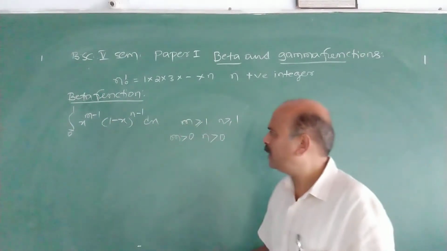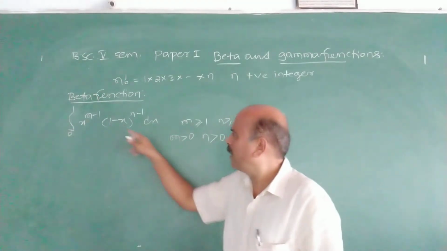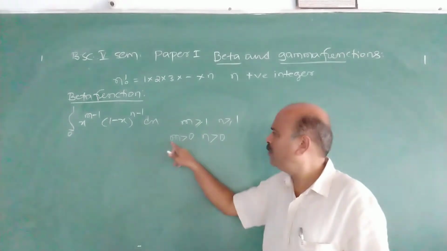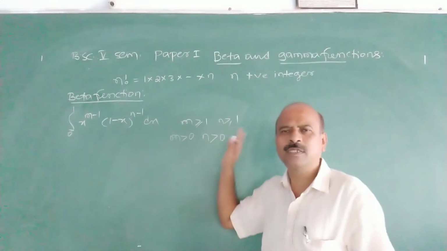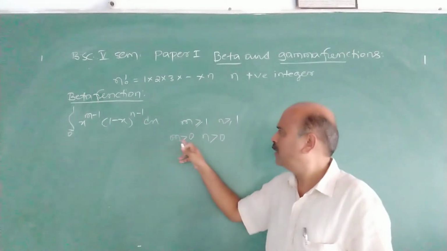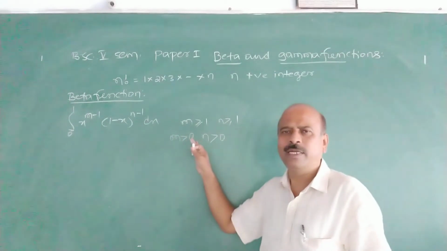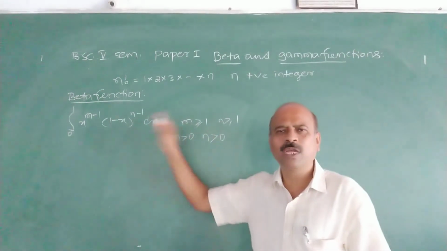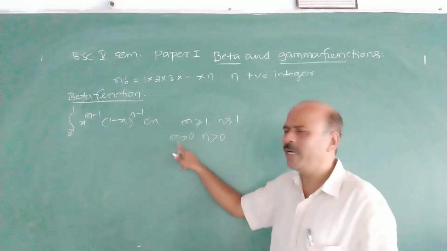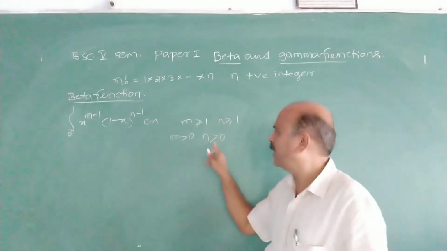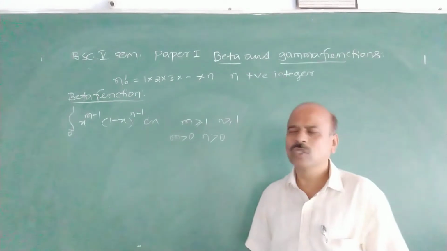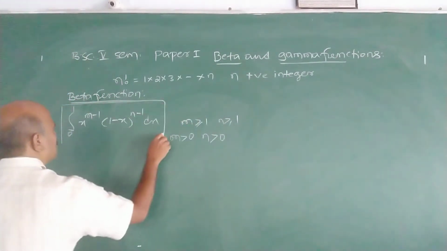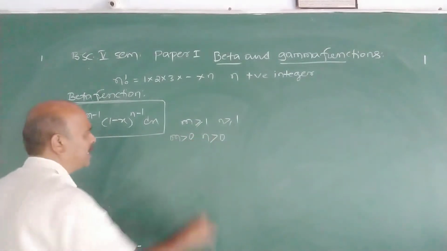But we prove that even when m is less than 1, that is, m greater than 0, the integral exists. For m greater than or equal to 1 it is proper. For m greater than 0 it exists, and for n greater than 0 it exists. So this improper integral converges when m and n are greater than 0.